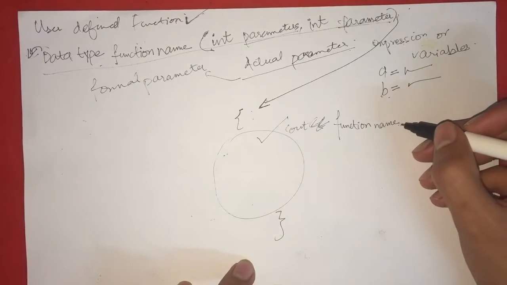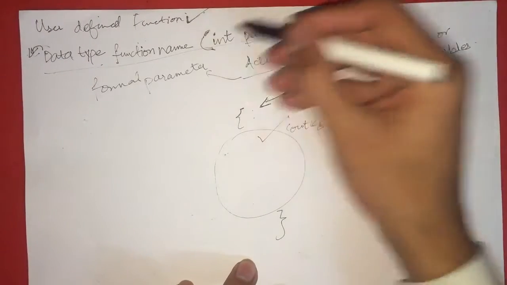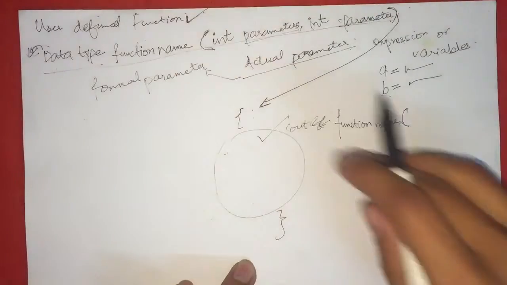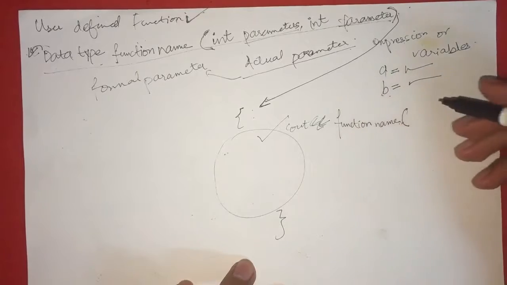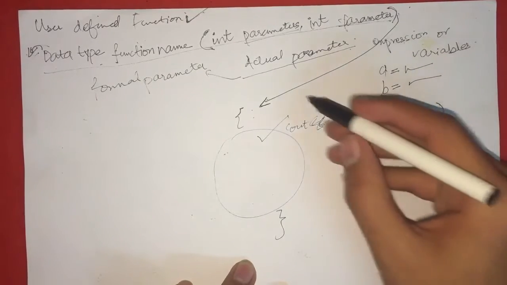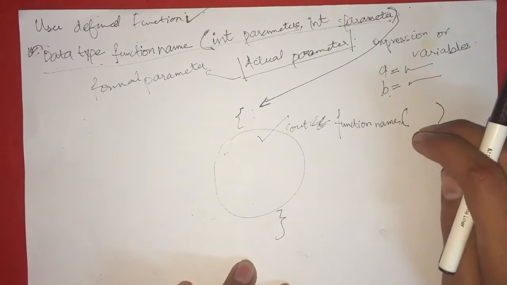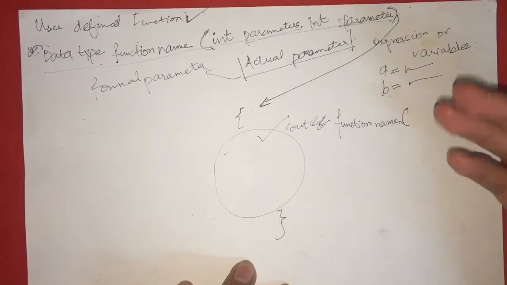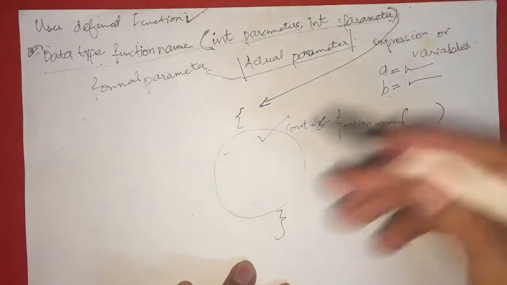So here you write the function name, and inside the parentheses, where you declared the formal parameters prior to calling this function, you write the actual parameters. The actual parameters are the values or the arguments you want the function you're calling to take and then provide you with an output.